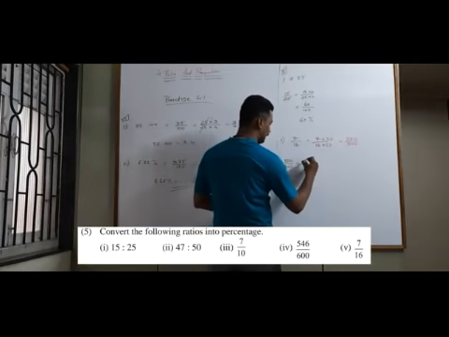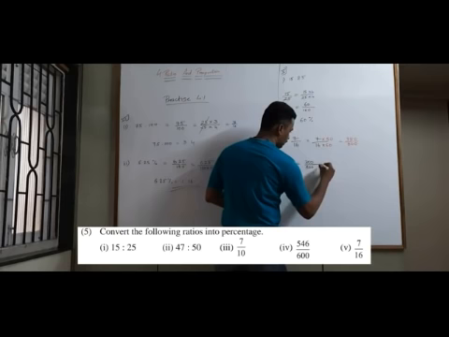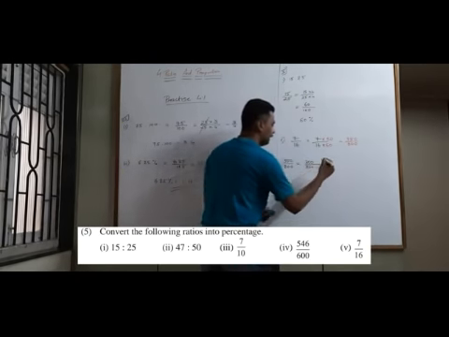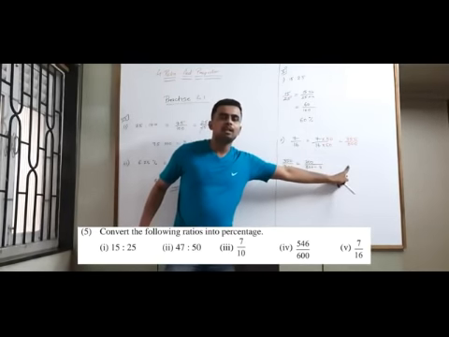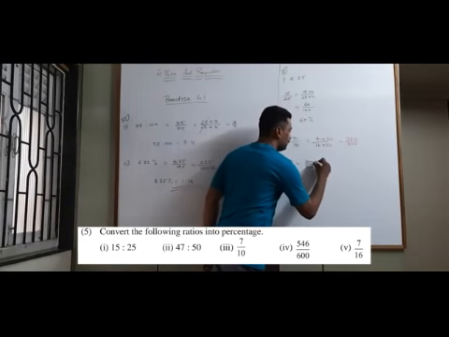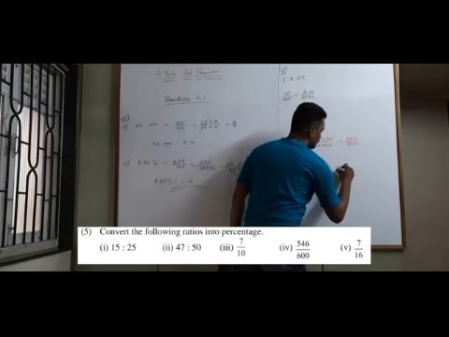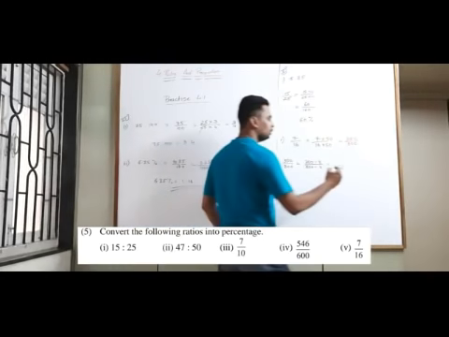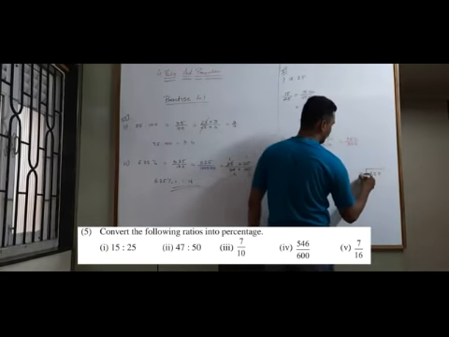I divide by 8. 800 divided by 8 will give me 100, and 350 also I have to divide by 8. Hence the denominator that I get is 100. Now let's see what my numerator will be. For that, simple division, 350 and 8.